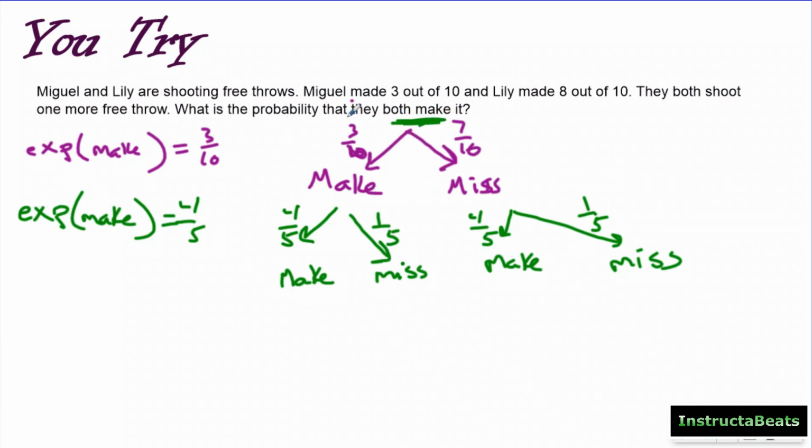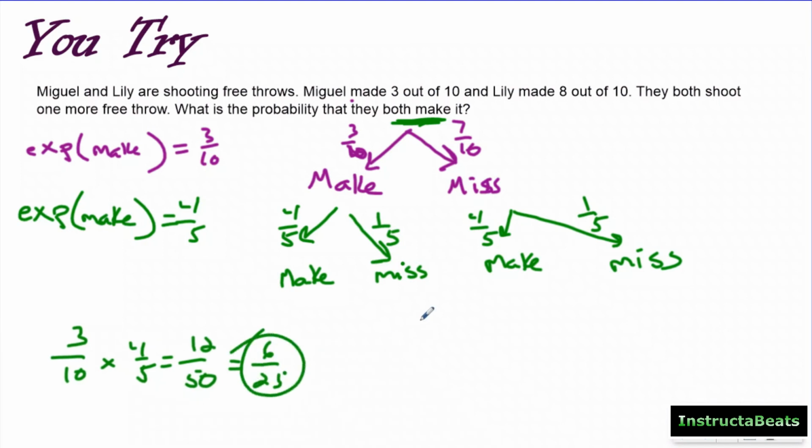So if it's 3/10 that Miguel makes it and 4/5 that Lily makes it, we know that 3/10 times 4/5 equals 12/50, which we can simplify to 6/25. So we're going to say the probability of having 2 makes on our next shot is 6/25.